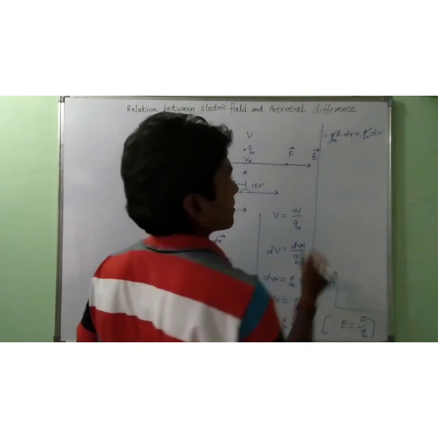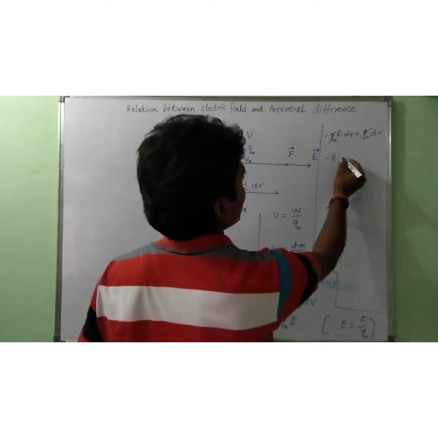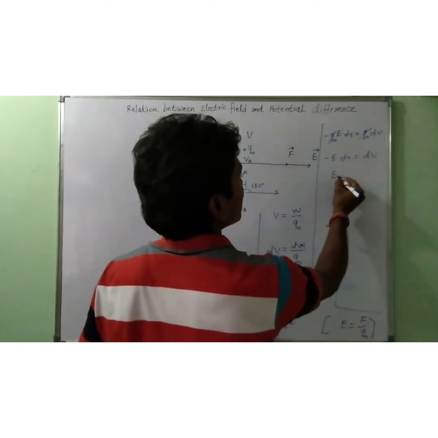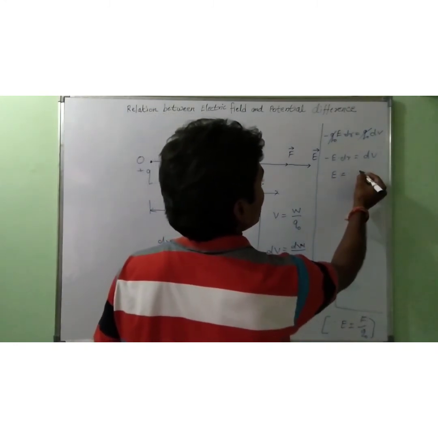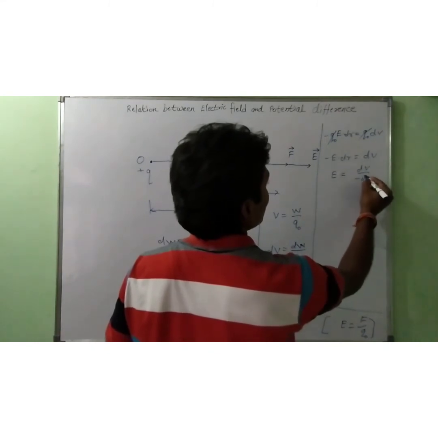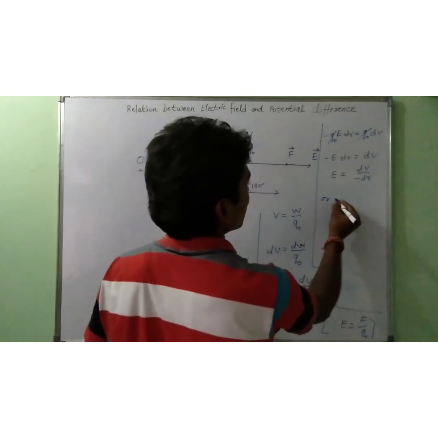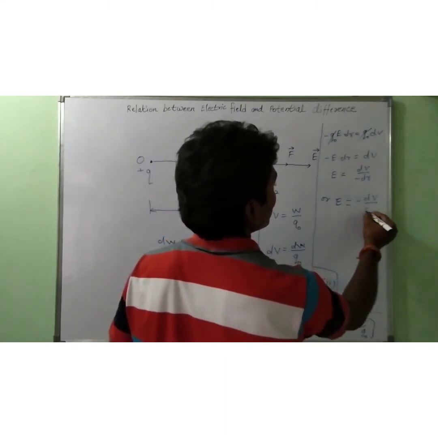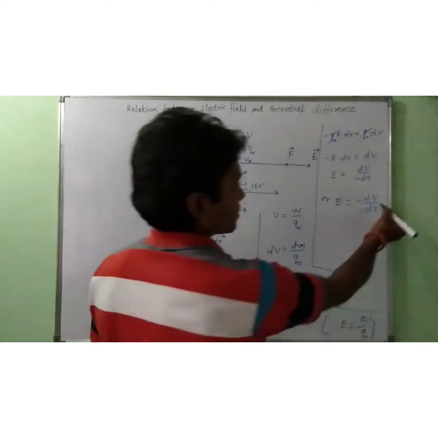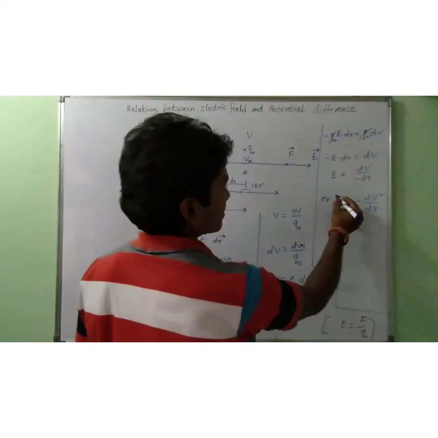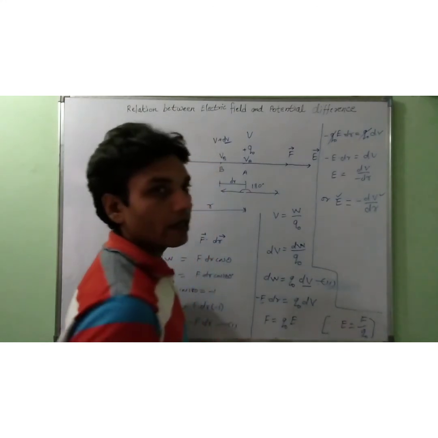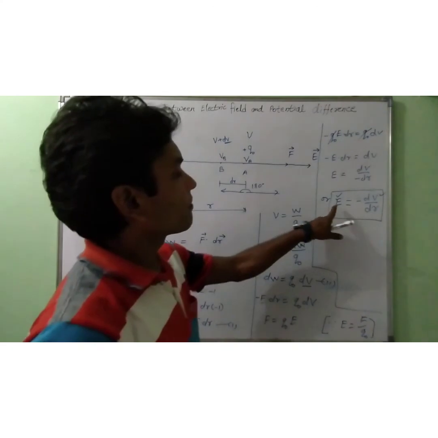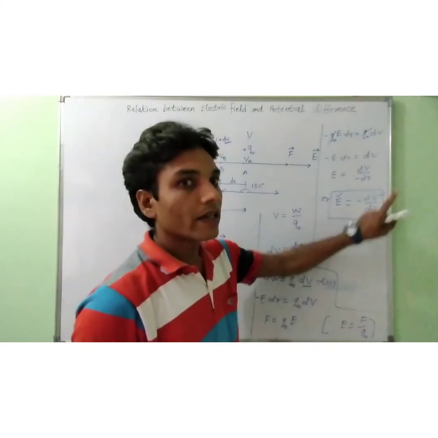Q naught cancels, so minus E into dr equal dV, or E equal dV upon minus dr, or E equal minus dV upon dr. This is the potential difference and this is the electric field. So this is the relation between electric field and the potential difference.